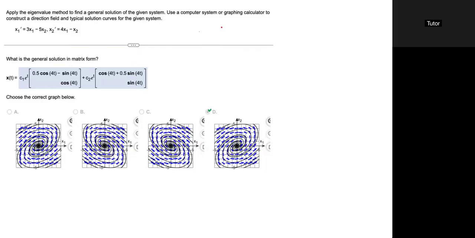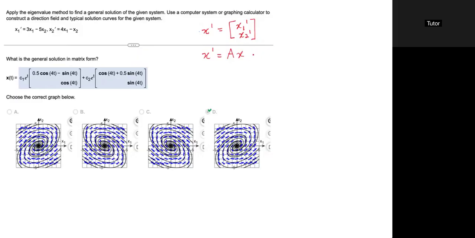So first of all, we have to know that x prime is equal to x1 prime over x2 prime. It can be expressed in this matrix form. And also, from here, we have to know that x prime can be expressed as some matrix A multiplied by the matrix of x.